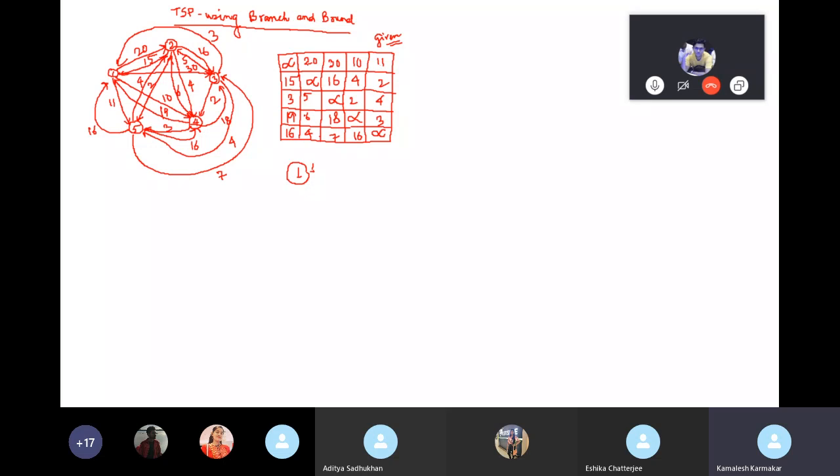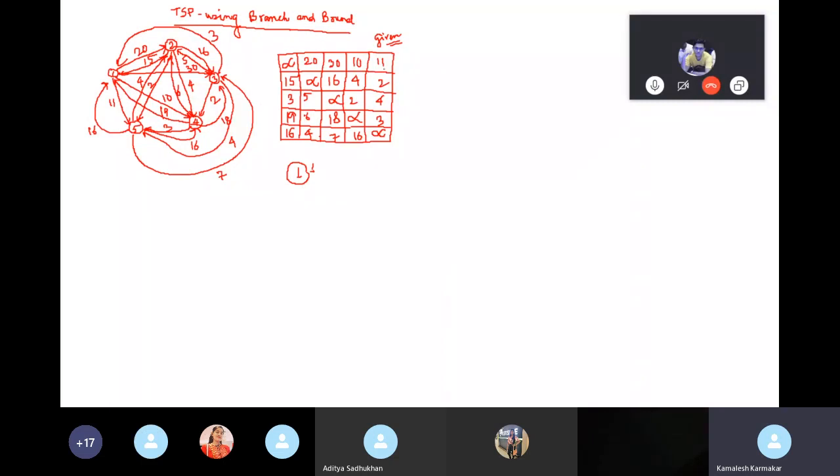First, we will calculate the minimum values from each row. This technique is known as reduction. From this matrix, we have to generate a reduced matrix.